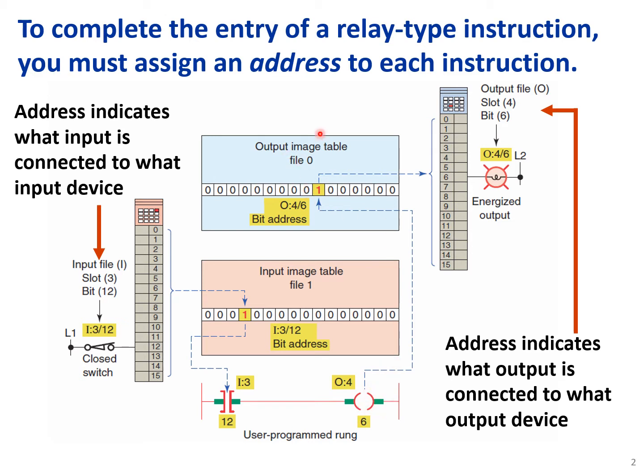The output image table will be updated to 1, and the output module then will energize the associated field device with that bit memory. Address indicates what output is connected to what output device.